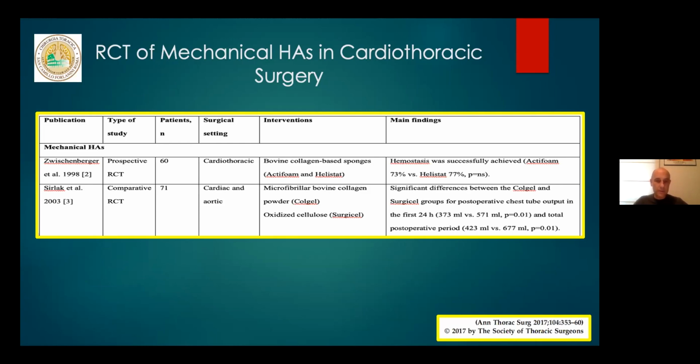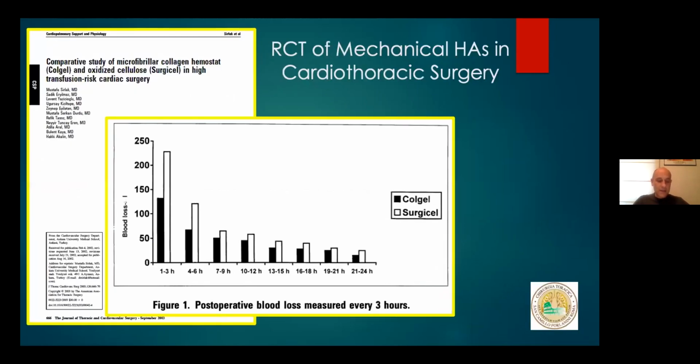A statistically significant difference in favor of the collagen group was recorded for chest tube drainage in the first 24 hours and total postoperative chest drainage. But the most interesting fact was that the blood loss in the first postoperative hours was significantly less in the collagen group.